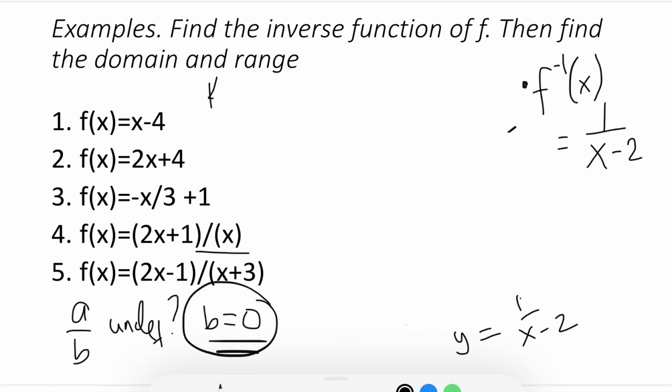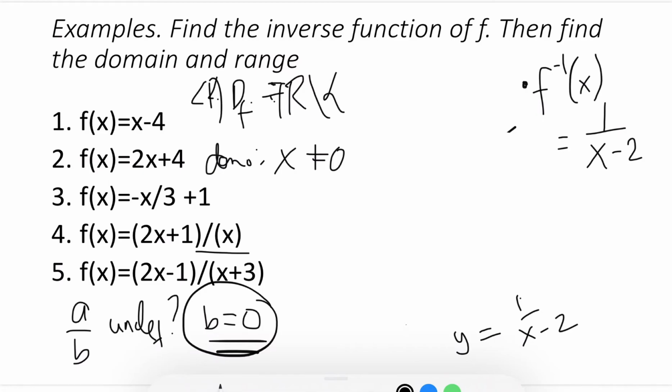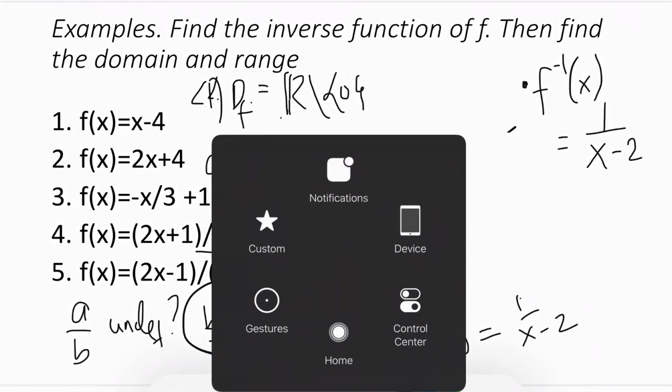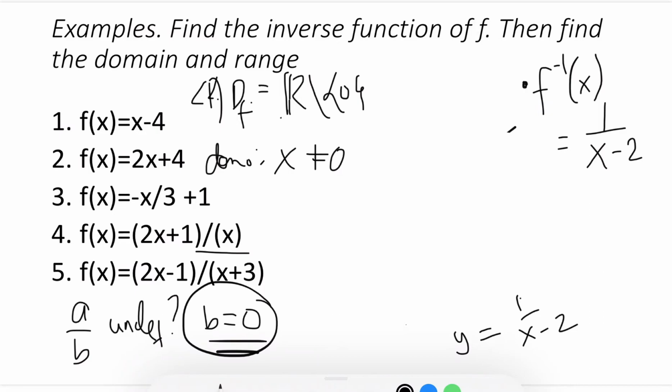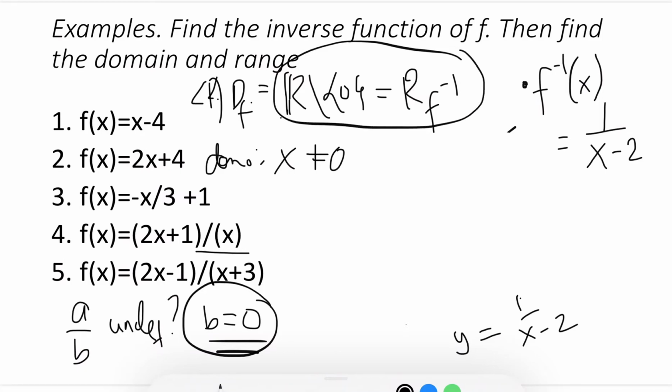For number 4, for the domain of f, the denominator x must not be 0, right? If it is 0, it is undefined. So therefore, your domain is the set of real numbers except the set containing 0. So this will become your range of f inverse.